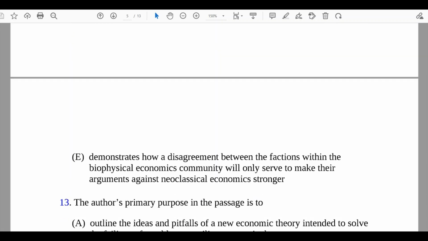And the last option is E. Answer E says the last paragraph makes the disagreement within the biophysical economics community into an advantage over classical economics, but you know that the paragraph implies that the flaw makes the new economics more similar to classical economics, at least as an economic discipline, if not in substance. So the correct choice is answer D. Let's go forward.